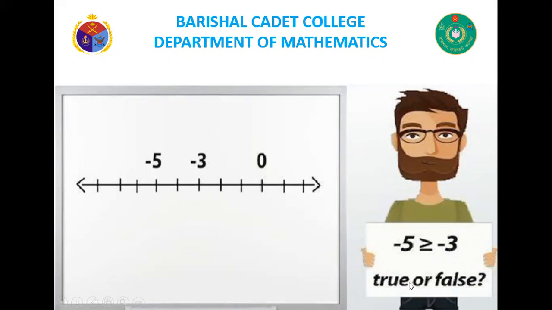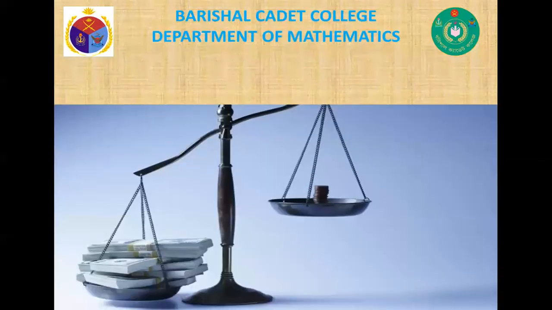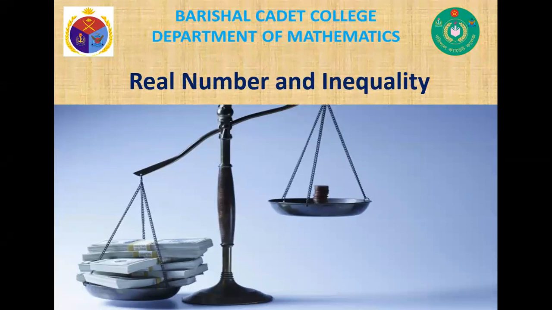Is it true or false? This is the question. So, this is not equal, and that which is not equal is called unequal. So, today we will talk about real numbers and inequality. My topic today is real number and inequality.